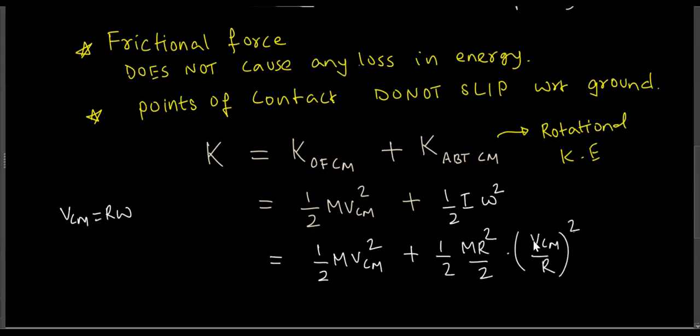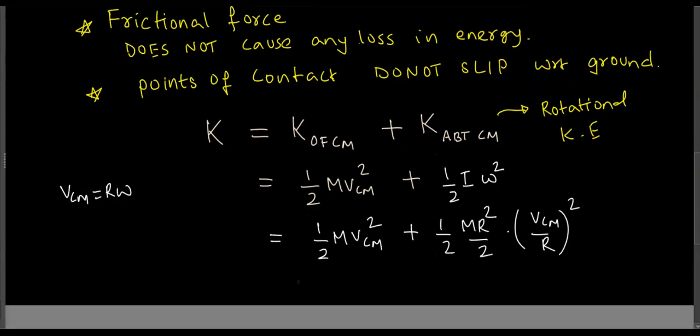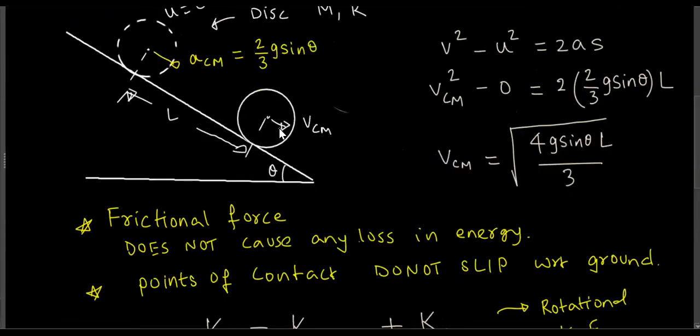Now, if you compute, this is the kinetic energy. For rolling objects, you should not say half m v square. How much we get here is 1/4 and 1/2, so you will get 3 by 4 m v_cm square. So that's the kinetic energy it will gain here, if the object has v_cm.